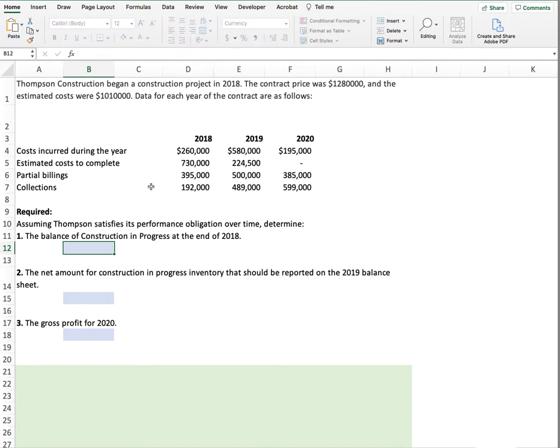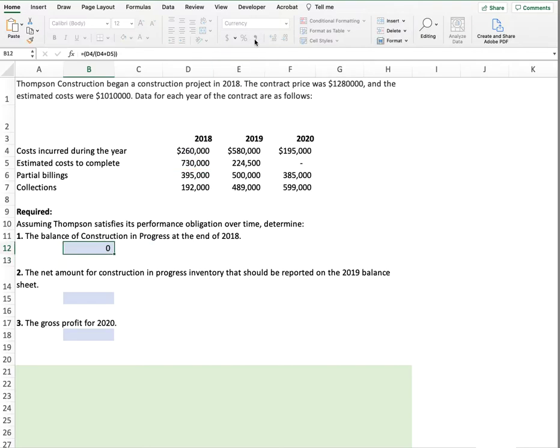And so I'm going to open up a set of parentheses here. We're going to say the costs incurred during the year, and we're going to divide that by the cost incurred plus the cost that we need to complete. And so I'm going to go ahead and close that just so that we can see that number, and then we'll come back in and finish editing this formula.